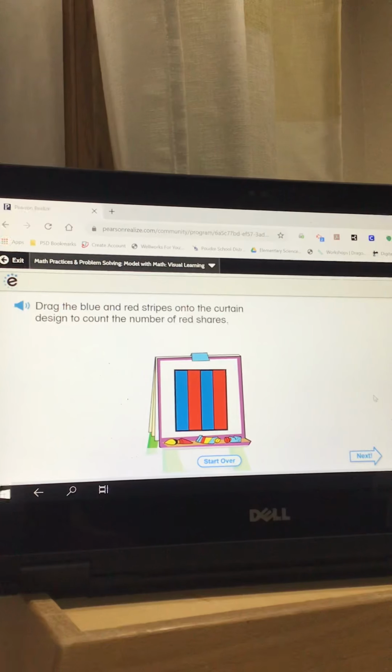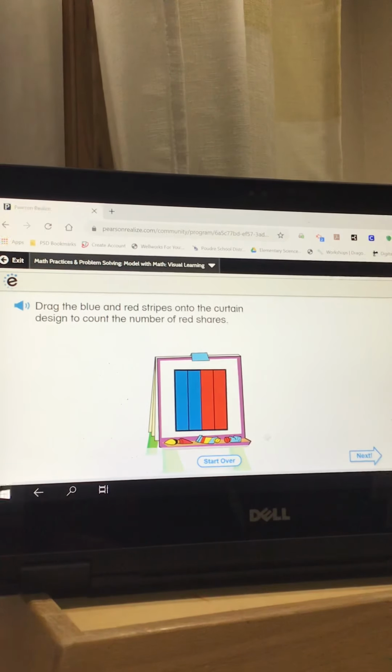Now, if I'm looking at this, I want you to count how many red shares are in the curtain. How many red shares? There are 2 red shares, 1, 2 in the curtain. And if I move it sideways, I can see how much of the curtain is red.